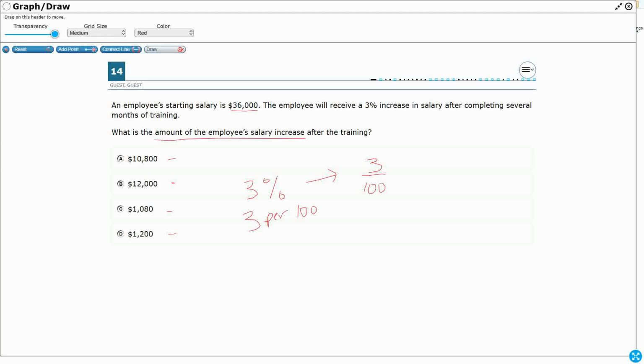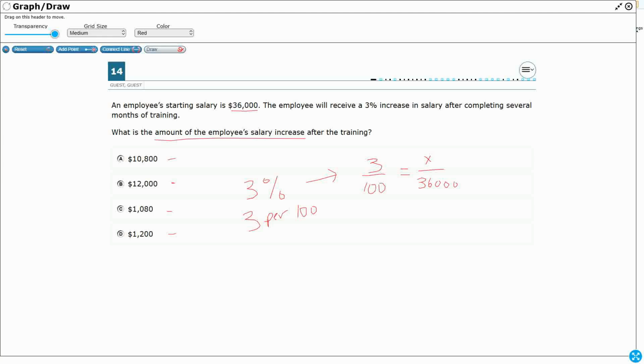We could be thinking, all right, so if 3 out of 100 is that 3%, and we need to find the output x, the unknown amount out of our total of 36,000, right? Well, we've got the proportion we're looking for, and so we can use cross multiplication.